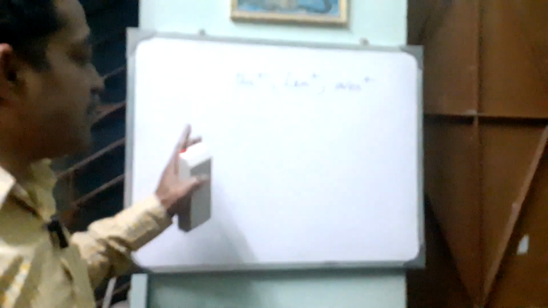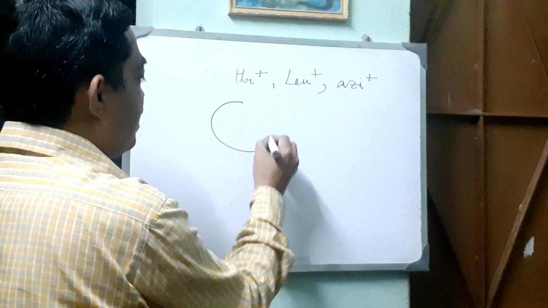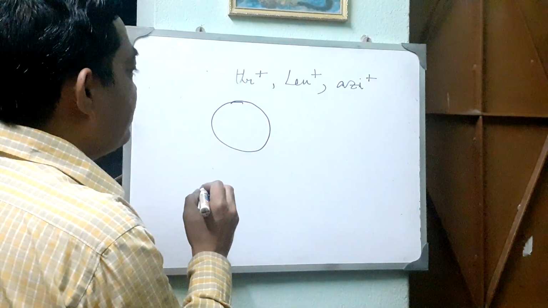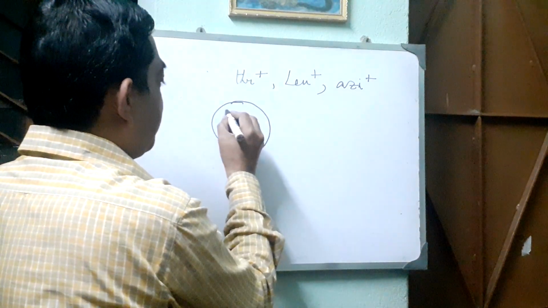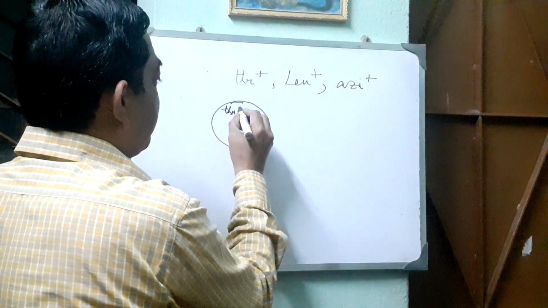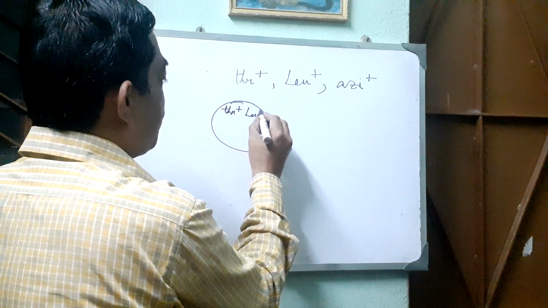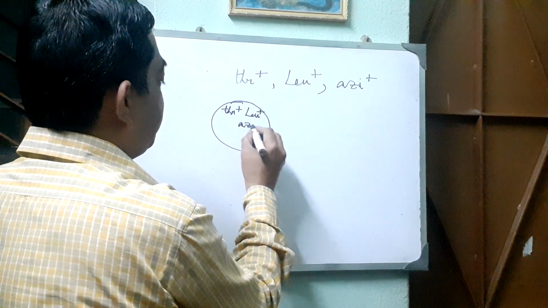So suppose that the E. coli cell is generally threonine positive, leucine positive, and azide positive.